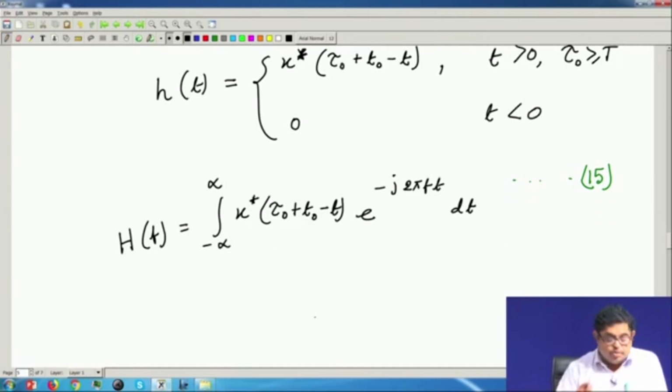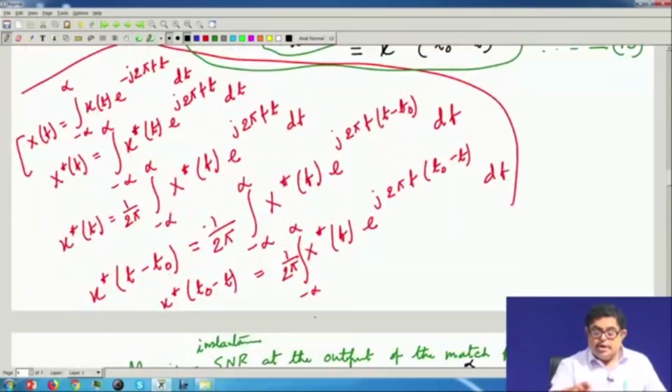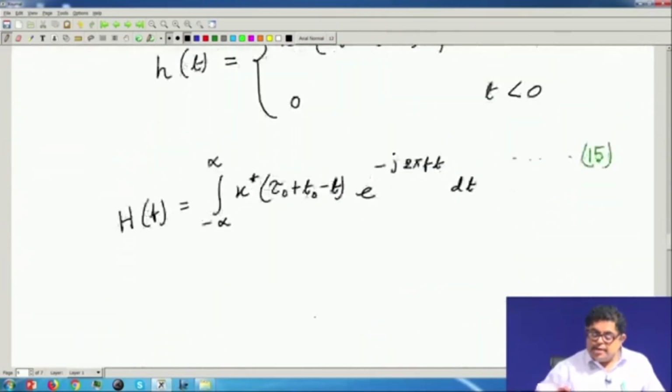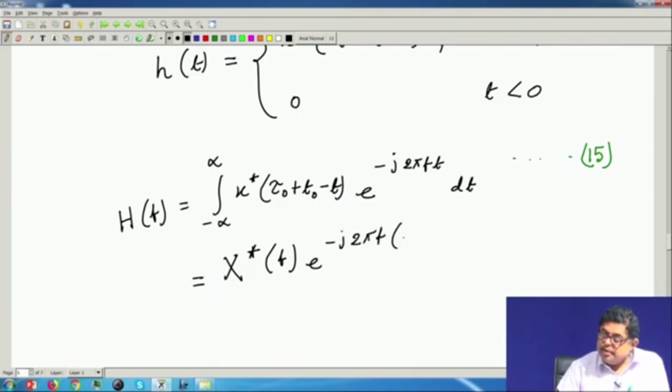I have already shown you by that red thing how you can use those, and if you put it here for this x star, you will see that finally this becomes exactly the same, just do it, and it will be X star(f) e to the power minus j 2 pi f (tau naught plus t naught).